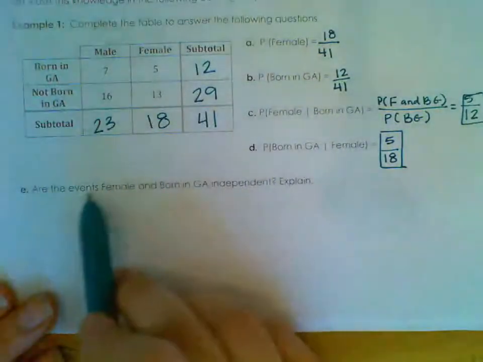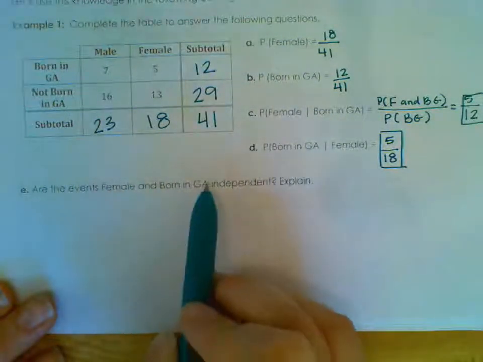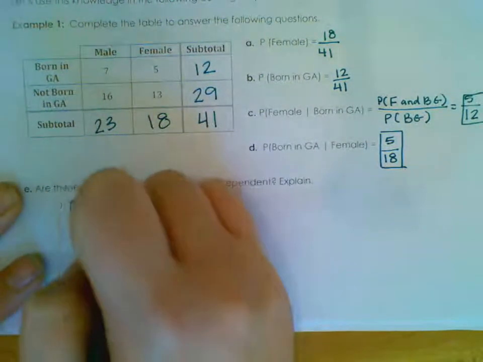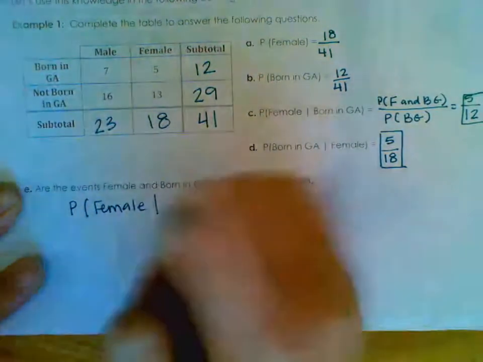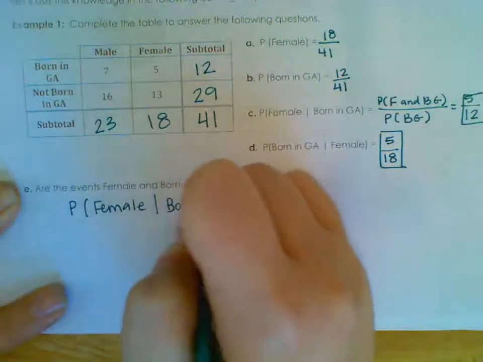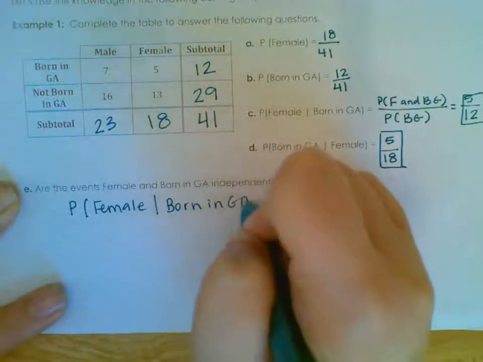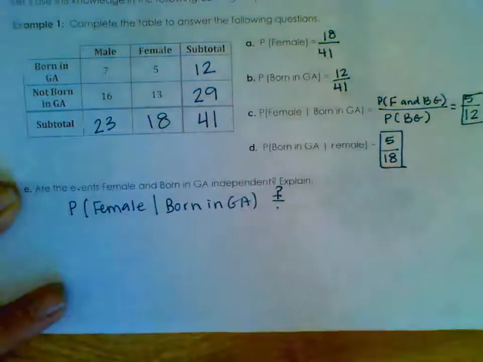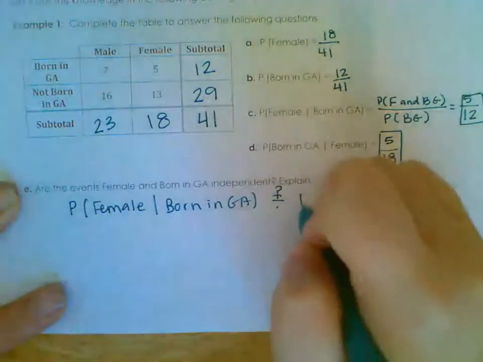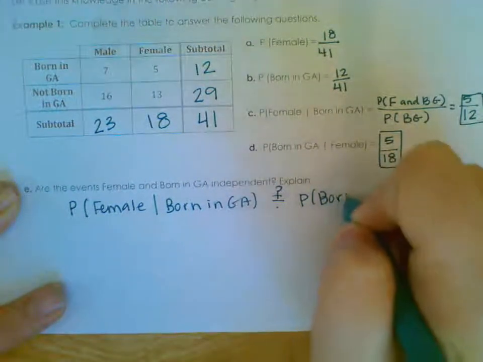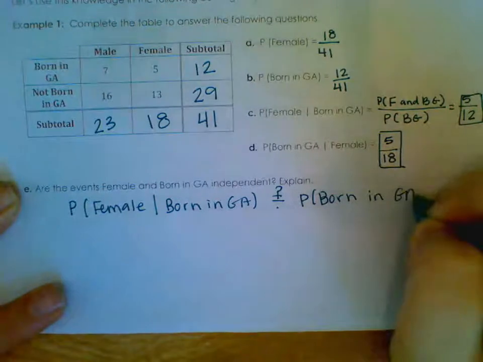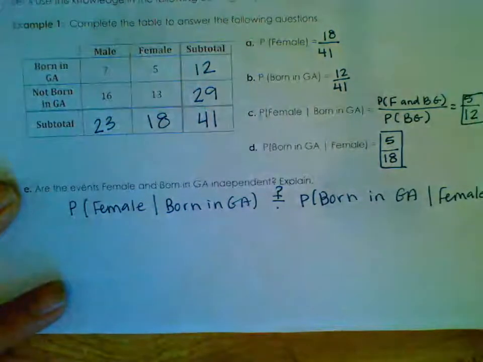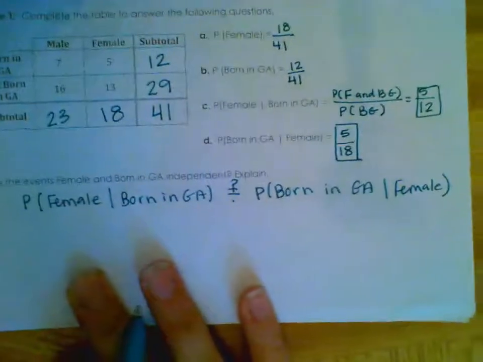So if I want to find whether female and born in Georgia are independent, I want to compare the probability of female given born in Georgia, and see if that equals, I'm going to put a question mark on top of this equal sign, the other way around, the probability of born in Georgia given female. I'm comparing those two conditional probability statements.